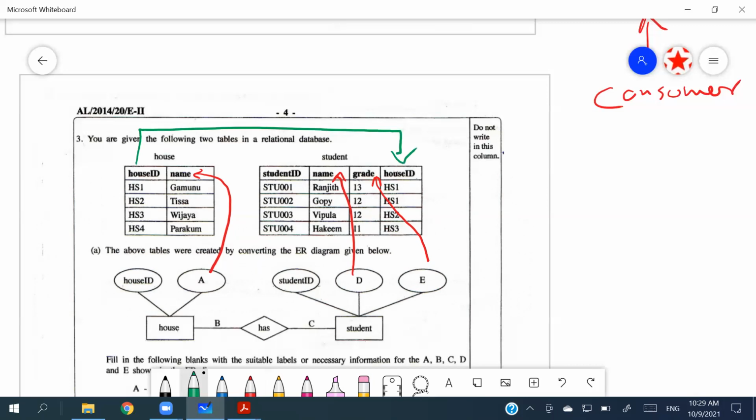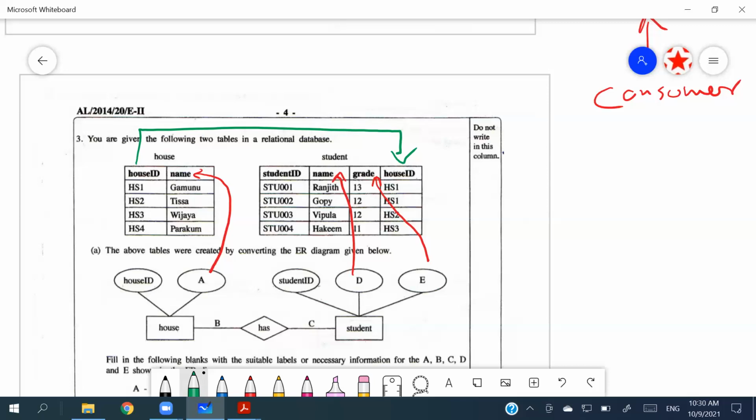And they are asking about what is the relationship between these two tables in the ER diagram, B and C. So now we know it could be 1-to-1 or 1-to-many. Because in 1-to-1 we can exchange, we are copying a primary key into another table. If it is 1-to-many, we are definitely taking the one side primary key and copying it to the many side table.